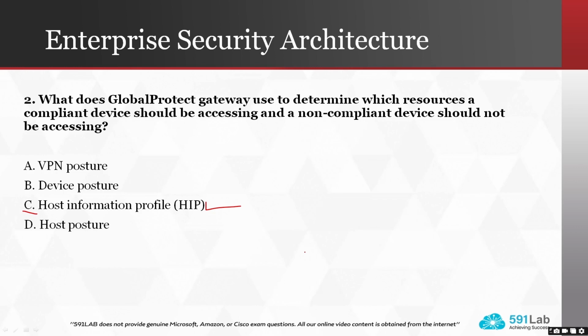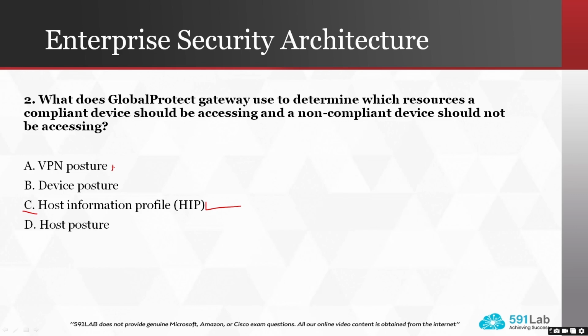This information is then used by the security policy to determine which resources a compliant device can access and which ones a non-compliant device cannot. So the Host Information Profile is the correct answer, while the other options are not.